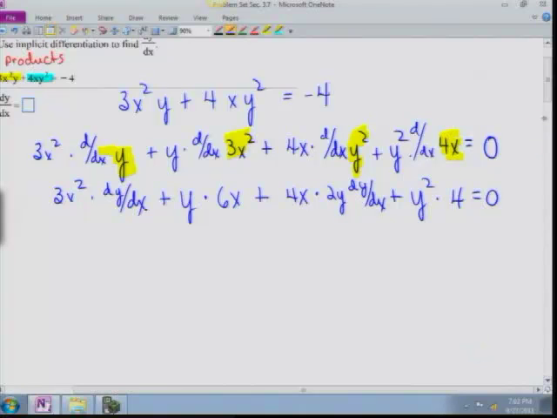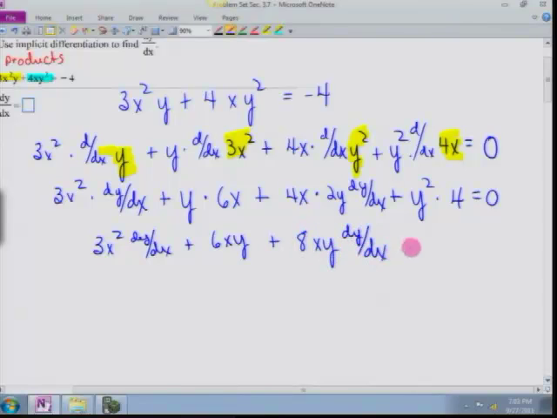Okay? So I've got 3x squared dy dx plus 6xy plus 8xy dy dx plus 4y squared. Catch me if I miss something.